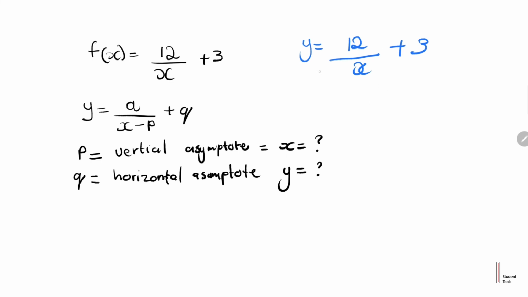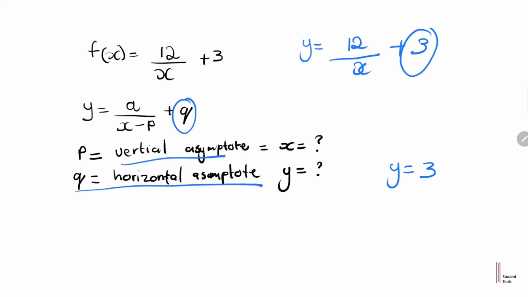And we want the two asymptotes of this graph. So with the way this graph is arranged, we can say that 3 is q, and q is equal to the horizontal asymptote. So here y will be equal to 3 because it's taken from the value of q, which is 3 here. And what about the vertical asymptote? So the vertical asymptote is taken from the value of p.